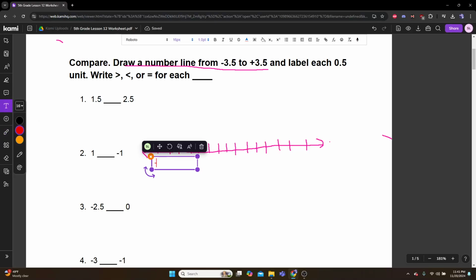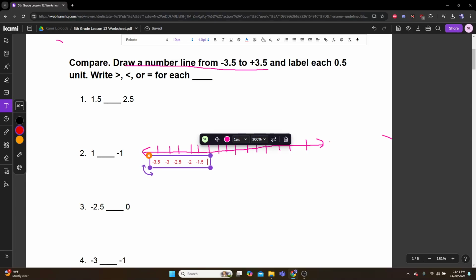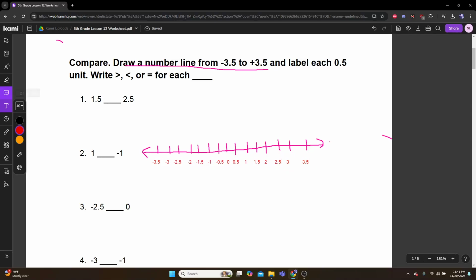So this would be negative 3.5 here. And then it would be negative 3, negative 2.5, negative 2, negative 1.5, and then negative 1, negative 0.5, 0, and then 0.5, 1, 1.5, 2, 2.5, 3, and then it would go all the way up to 3.5.